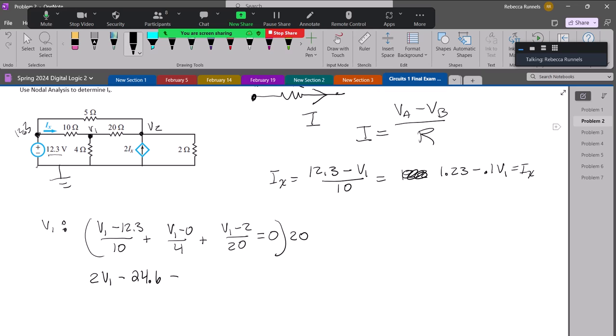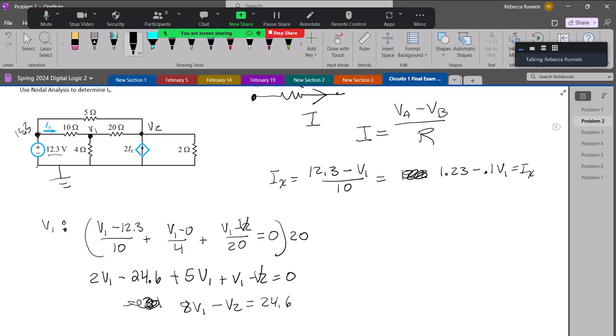Y'all please stop me if you see me make a mistake. Minus 5V1 plus V1 minus V2 equals 0. Thank you. Yes, it should be. So that makes this 8V1 minus V2 equals 24.6.